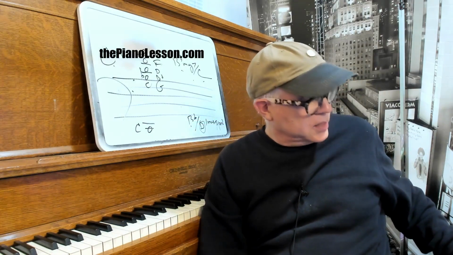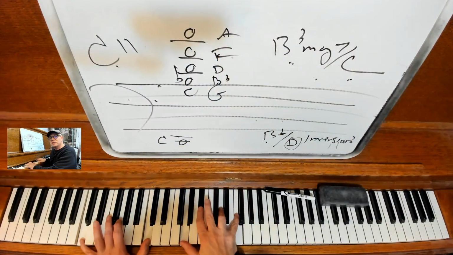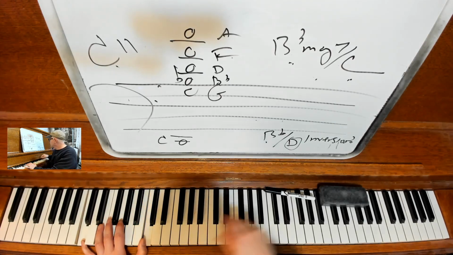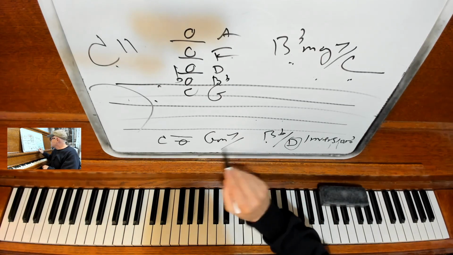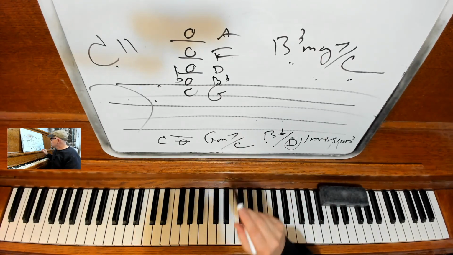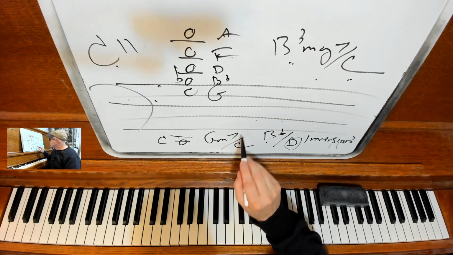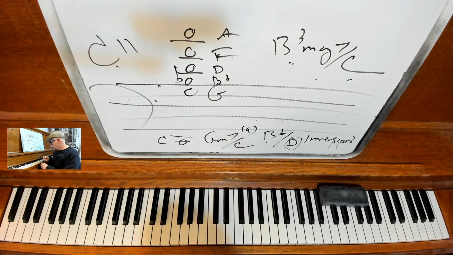And there are some other more interesting ways to play these voicings, or other alternatives. For instance, here's a way to play the same voicing. I think of this as G minor 7. If I think of it as G minor 7 with C in the bass, well, I could also think of it as G minor 7 with an added ninth, right?